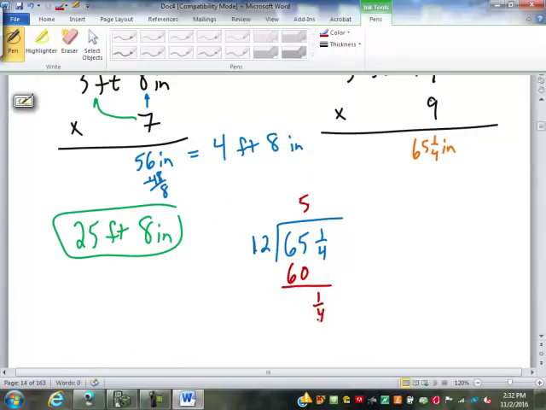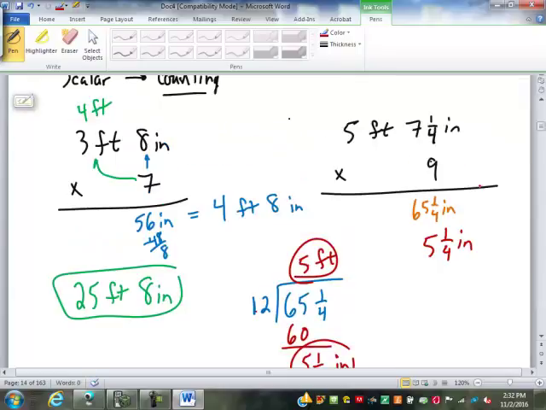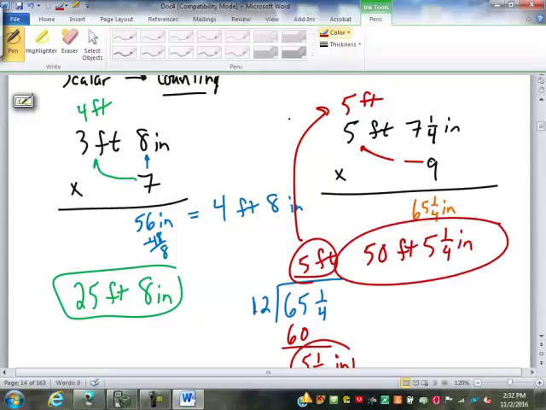That leaves us with 5 1/4. So this is 5 feet and 5 1/4 inches. So up here, I'm going to keep the 5 1/4 inches, and I'm going to carry the 5 feet. Now I've still got 9 times 5 is 45, plus 5 is 50. So 50 feet, 5 1/4 inches.